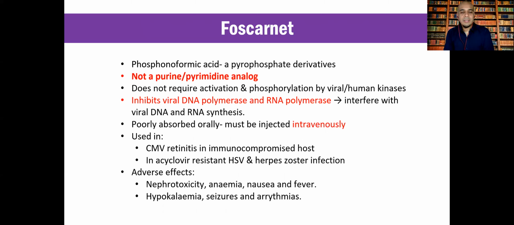It is used in cytomegalovirus retinitis in immunocompromised patients and acyclovir-resistant herpes simplex virus and herpes zoster infection. Adverse effects include nephrotoxicity, anemia, nausea, and fever. Hypokalemia, seizures, and arrhythmia also have been reported with this drug.